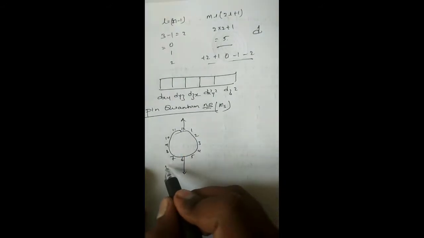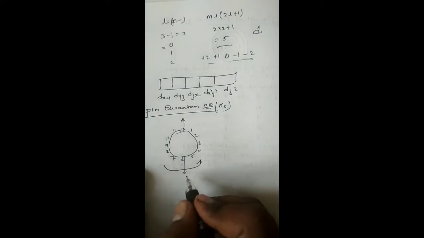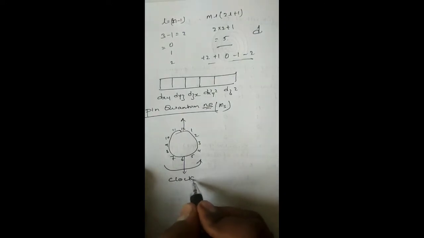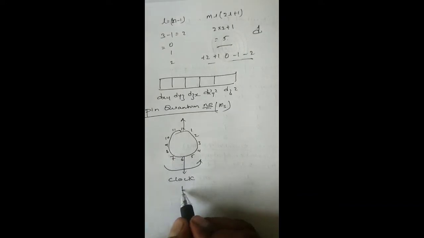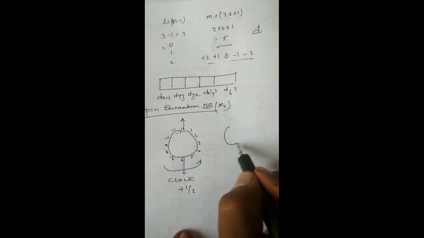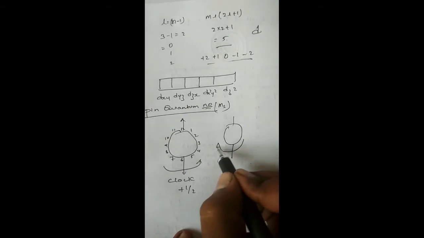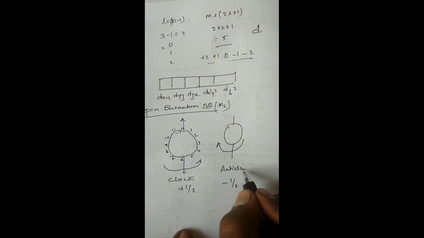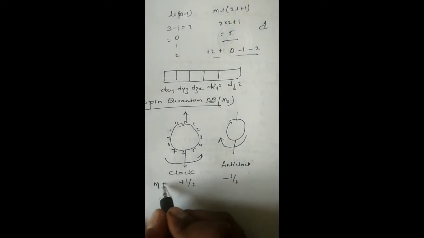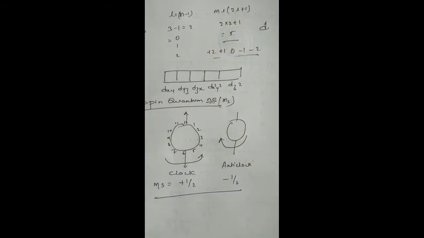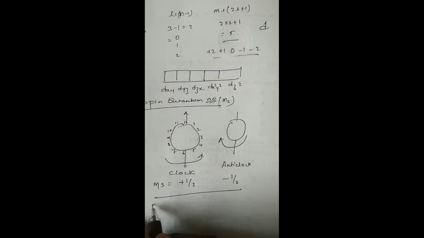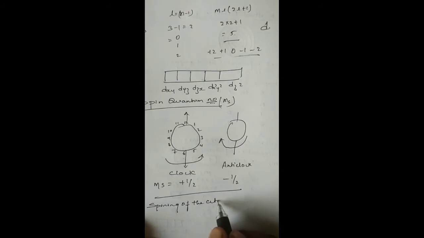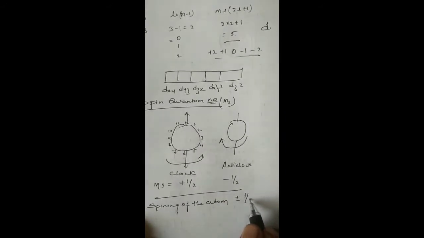If it moves in the clockwise direction, then it is plus half. If it moves anti-clockwise, it is minus half. Then ms will represent the spinning of the atom, maybe plus or minus half.